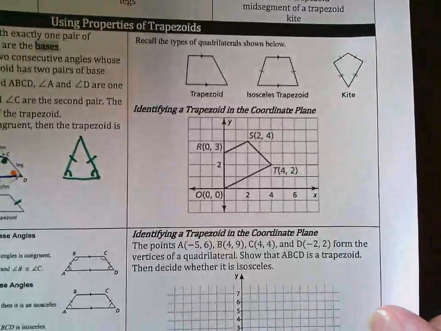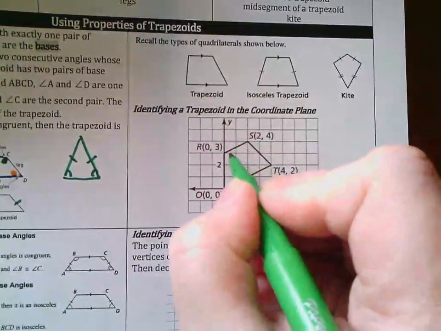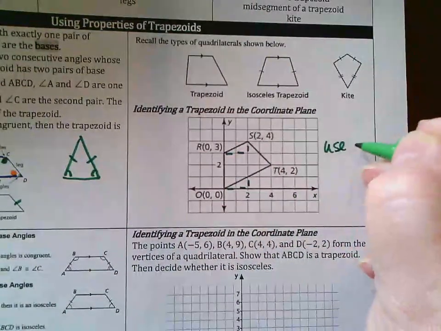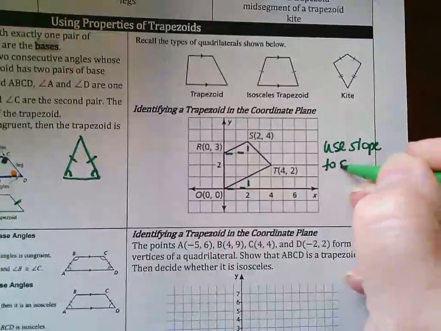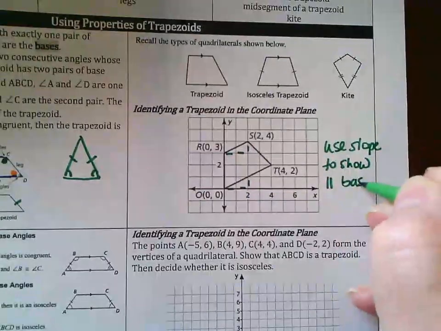So identifying this in a coordinate plane, a couple ways you could do this. You could see if these are parallel to each other by using slope. So use slope to show parallel bases.